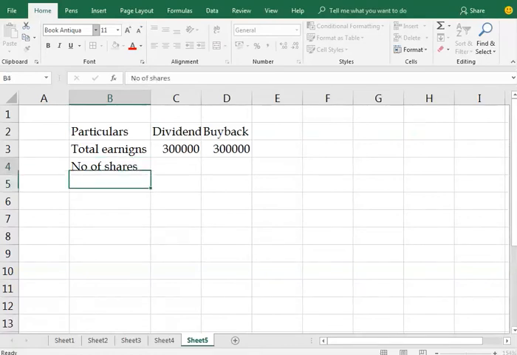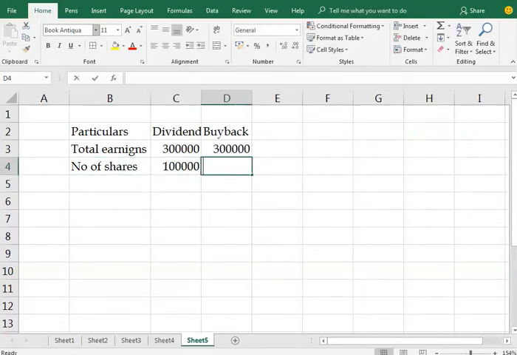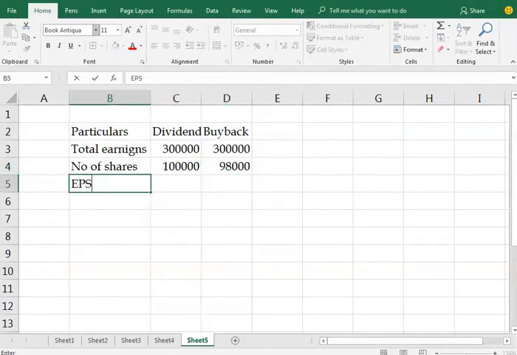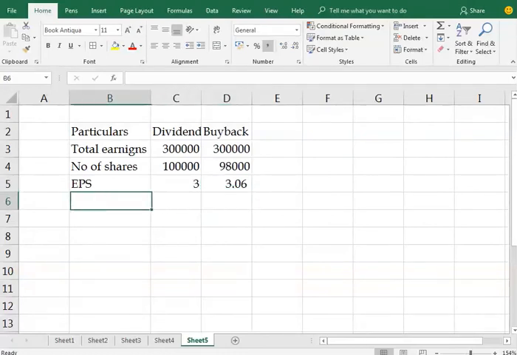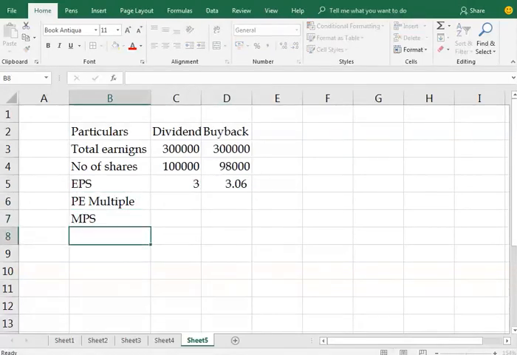If I go for dividend, my number of shares will be 1 lakh. If I go for buyback, it will become 98,000. EPS is 3 and 3.06.